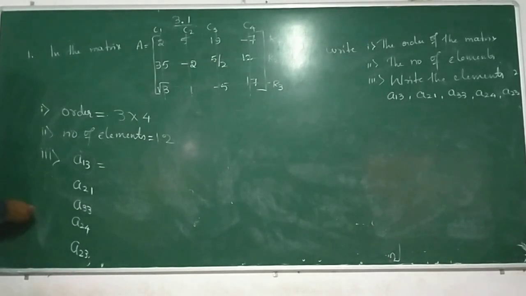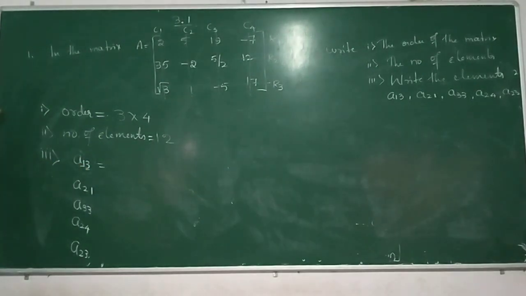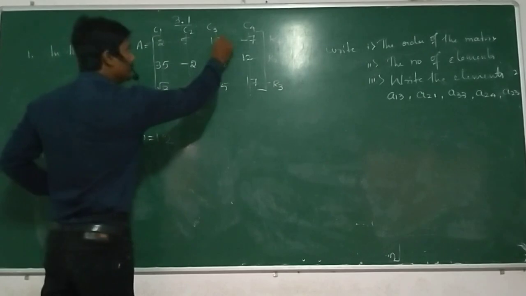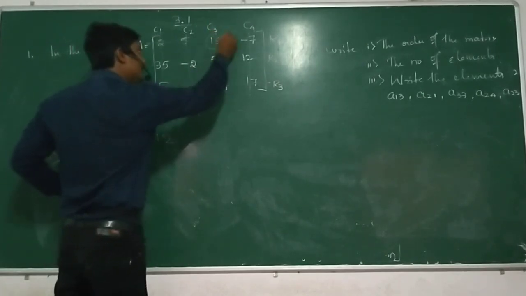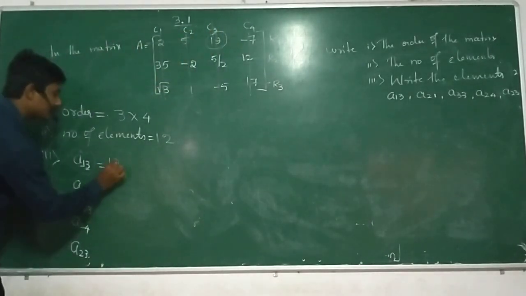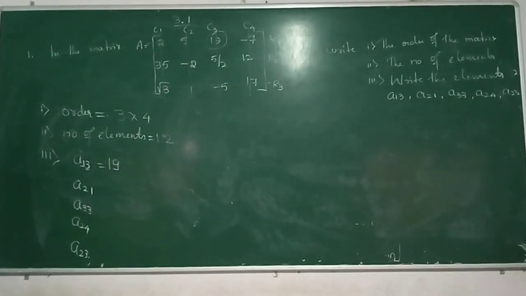A13 indicates we are supposed to write down the element present at the intersection of first row and third column. So which element is present at the intersection of first row and third column? It is 19. So A13 is equal to 19.